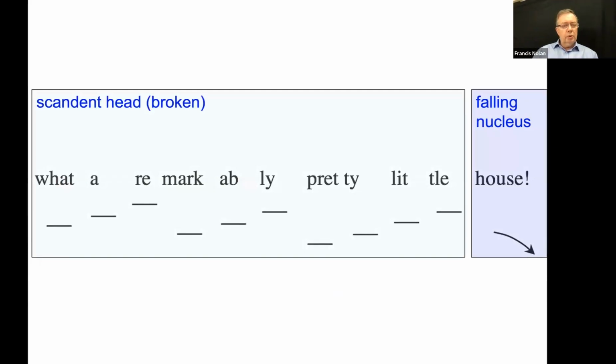All the stuff before is a head, and it's what he called a scandant head. Scandant just means climbing, a climbing head, and it's broken, or what I would prefer to call reduplicated. So it's three successive repeated rising patterns, each note beginning on an accented syllable. We're now getting quite near to what I showed you at the beginning.